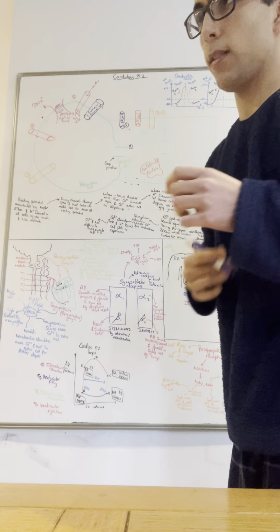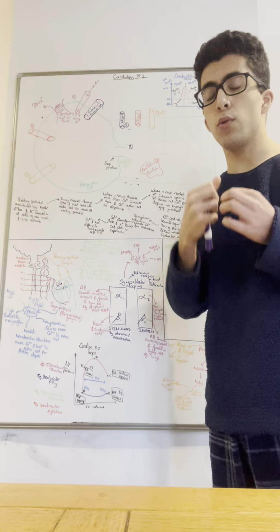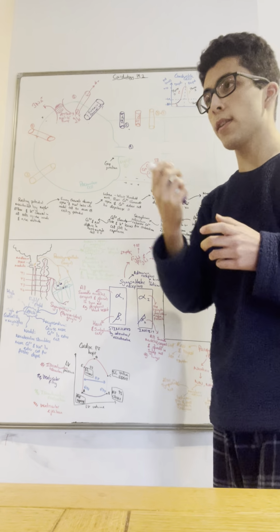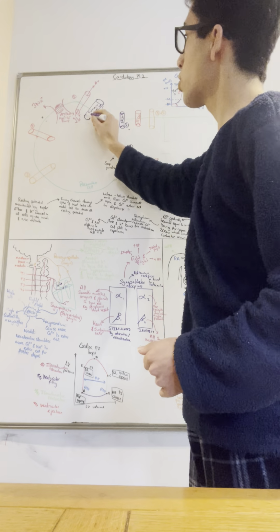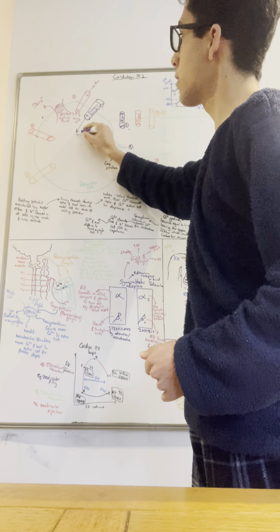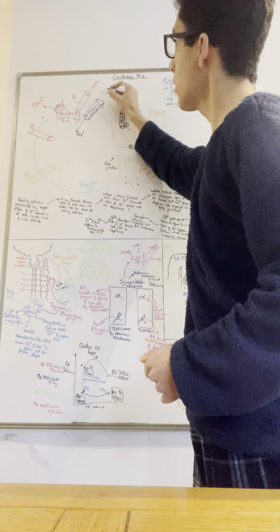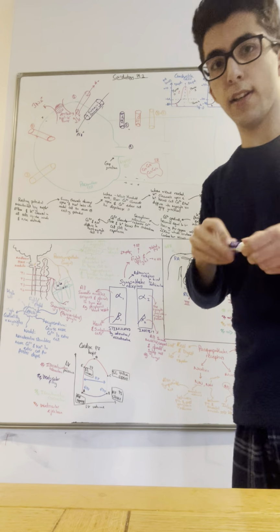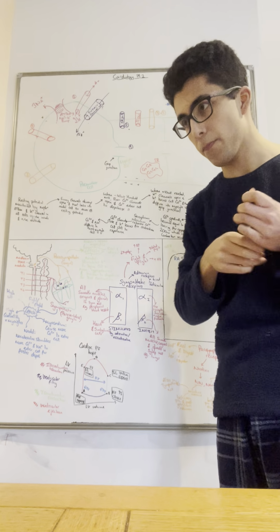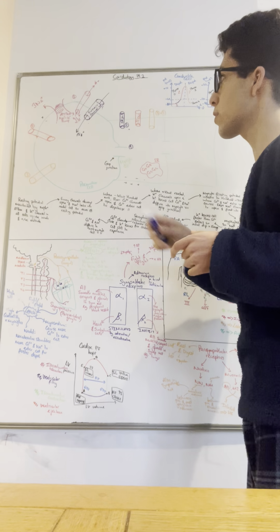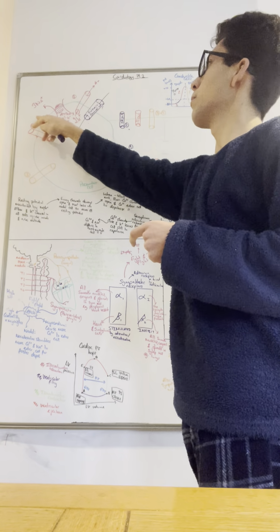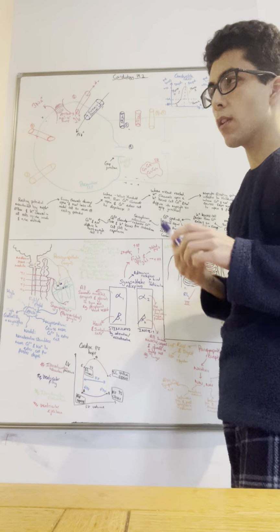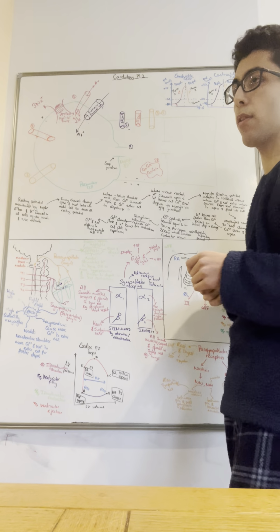These funny channels, they're funny because they're always leaky and always let in sodium, so sodium can trickle in to the cell. So these sodium channels, sodium's starting to trickle into the cell down its gradient. Okay, so let's think about this. What does that mean for our potential difference on our membrane?